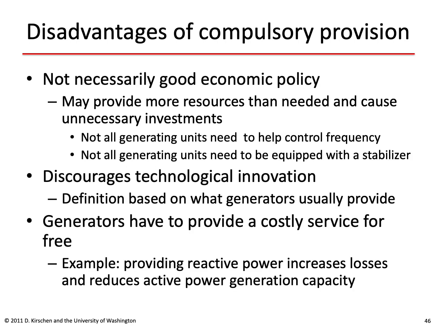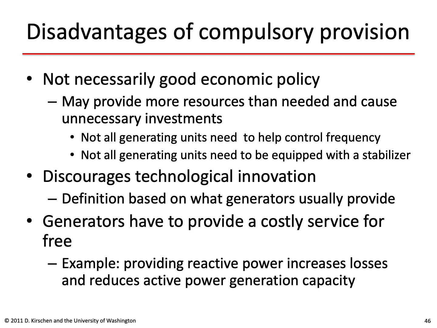The disadvantage of compulsory provision is that it's not necessarily good economic policy. You may provide this way more resources than you need and cause unnecessary investments. Not all generators need to help control frequency, and not all the generating units need to be equipped with a stabilizer.